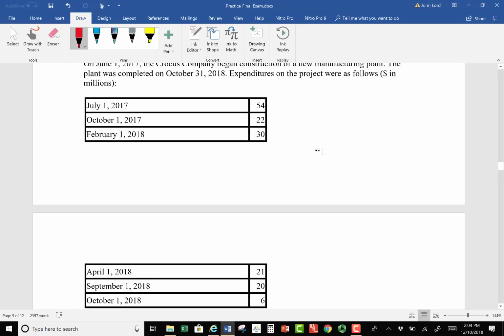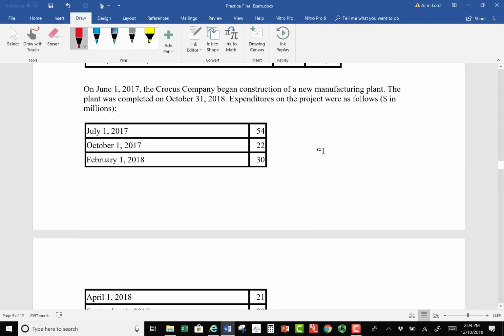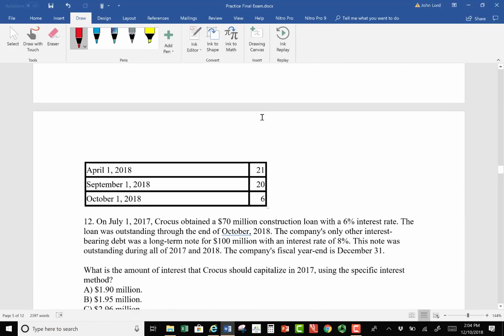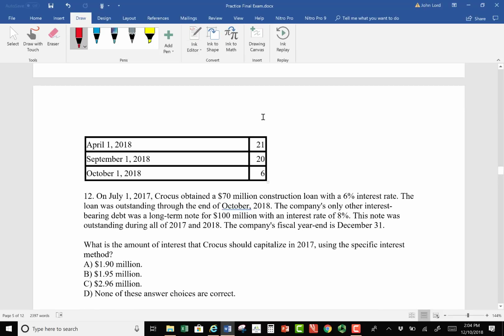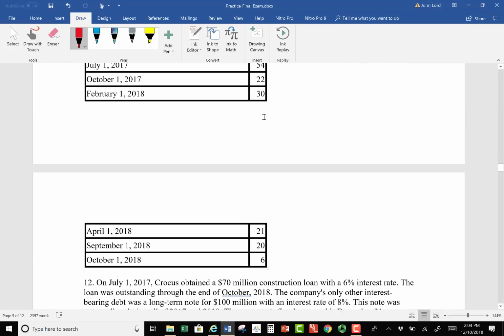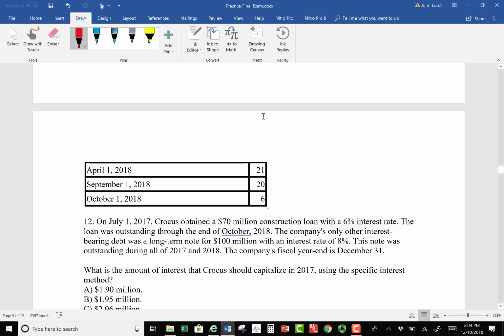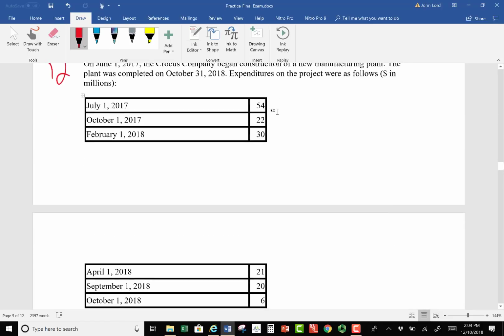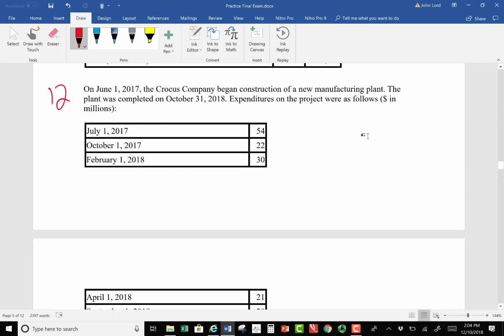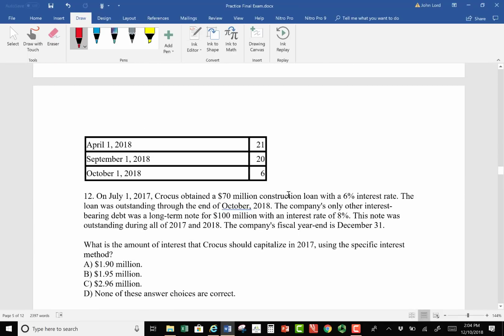Okay, look, guys. I skipped number 11, so this starts number 12. Here they tell me here's a table of information, and then they tell me more. That's where we're given the information, and then we have to use that information in this fact pattern down here to answer the question, right?